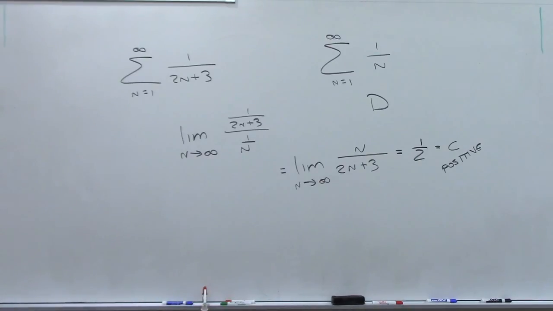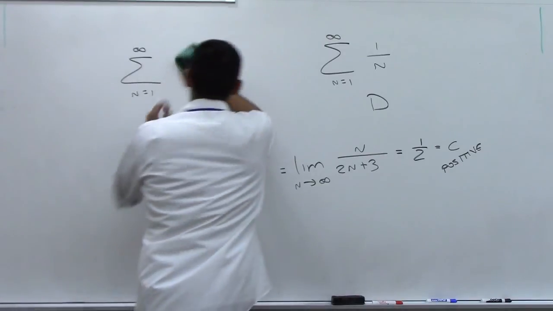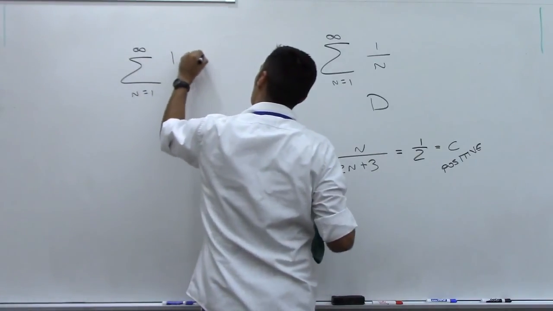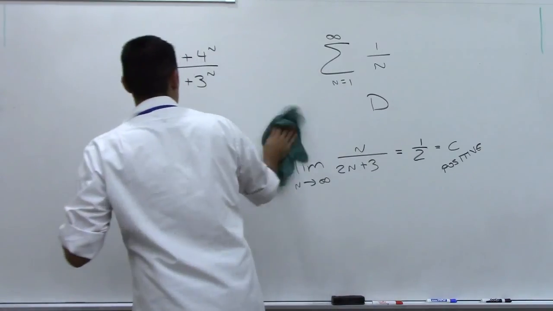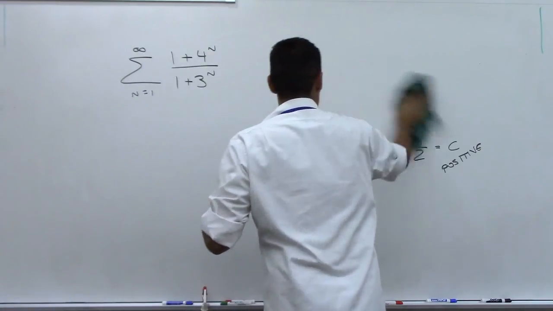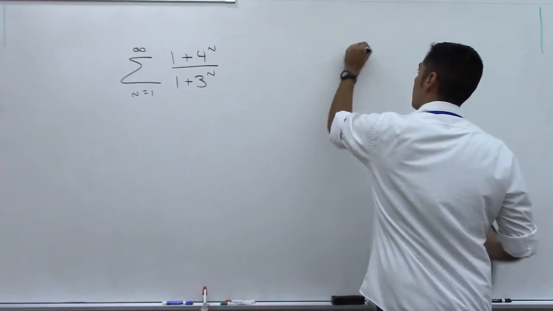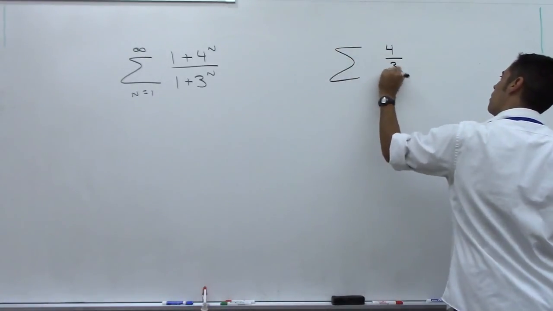For 25, we had 1 plus 4 to the n over 1 plus 3 to the n. Remember that one? And that one we did by the nth term test. But let me just show you if we compare it to 4 over 3 to the n.